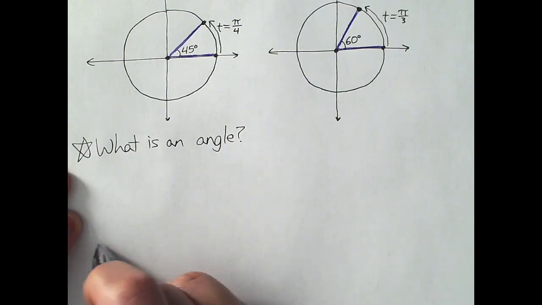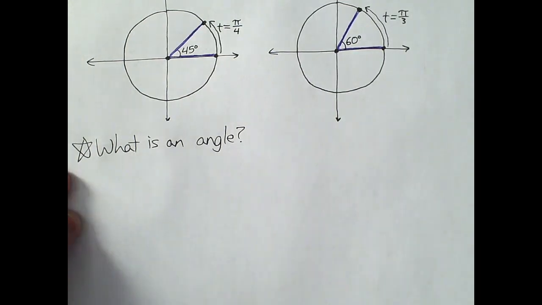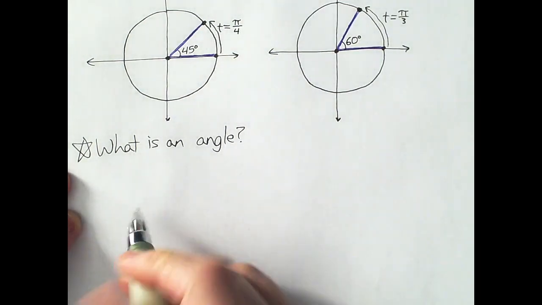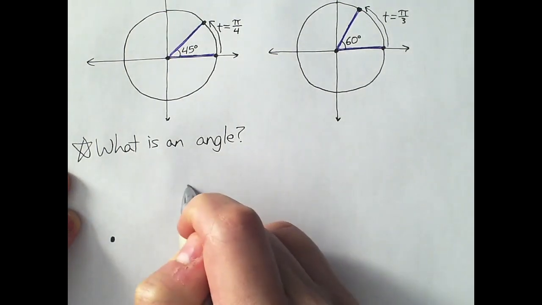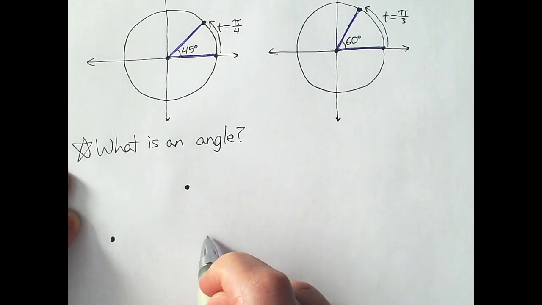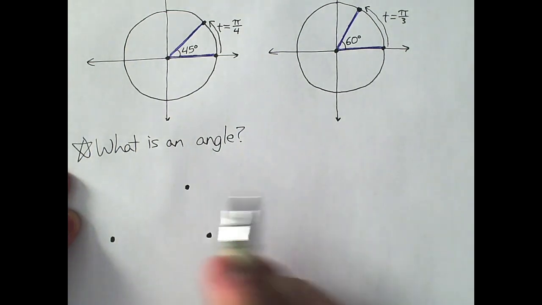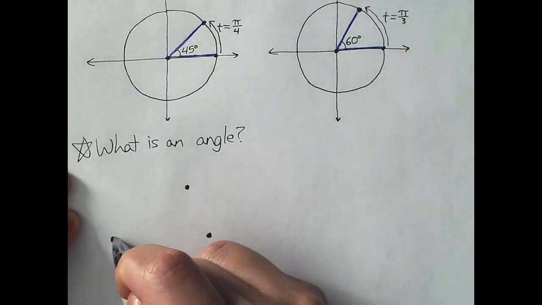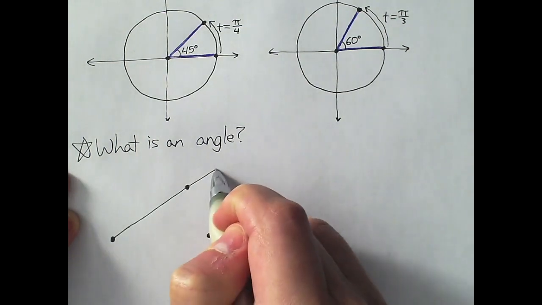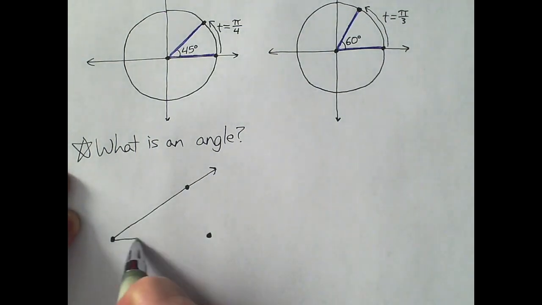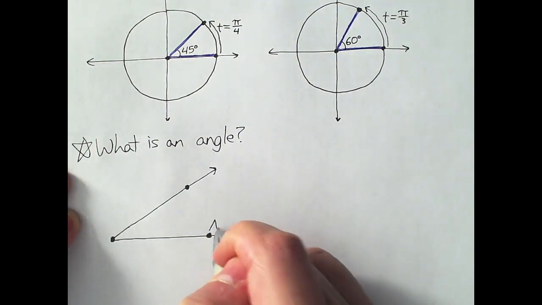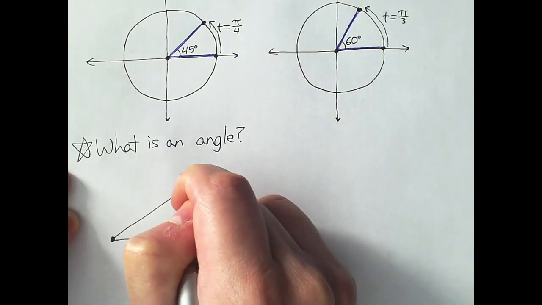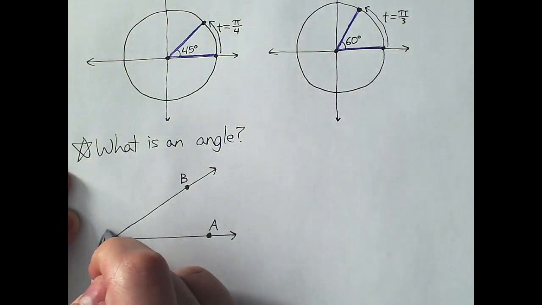I'm going to draw a picture, and then to the right of it, I'll write some words, but we need 3 points. We need a point here, a point here, a point here, and kind of like I did above, we connect these. And for the purposes of this definition, I'm going to call this point A, and this point B, and this point O.